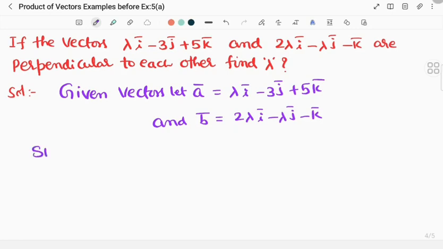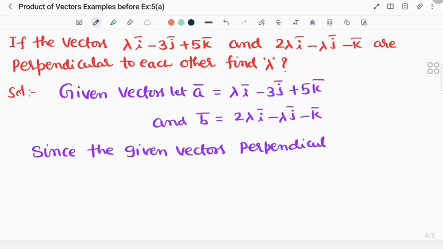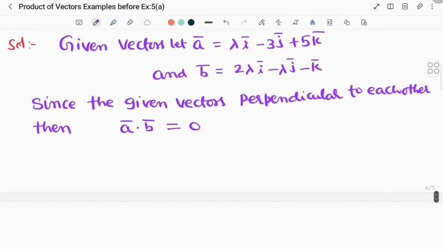Since the given vectors are perpendicular to each other, then a bar dot b bar is equal to 0.